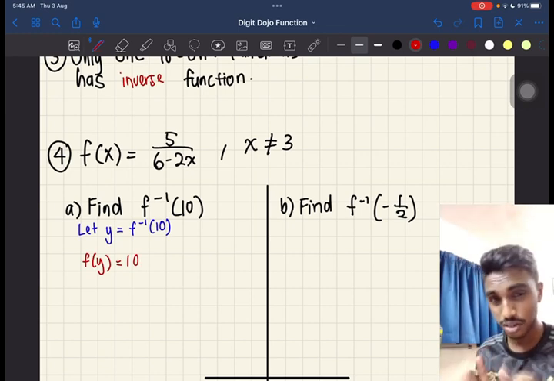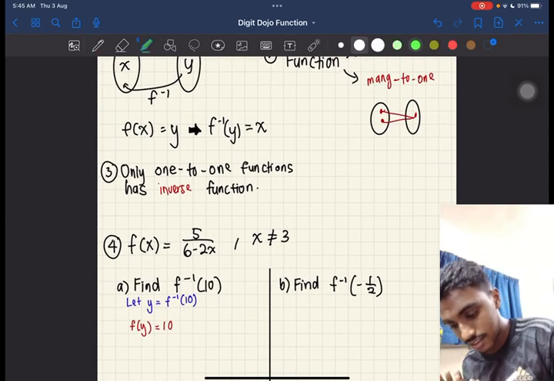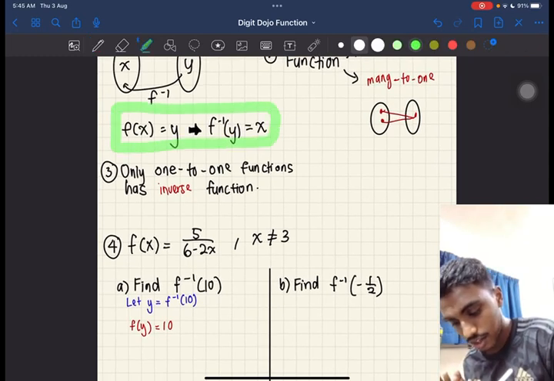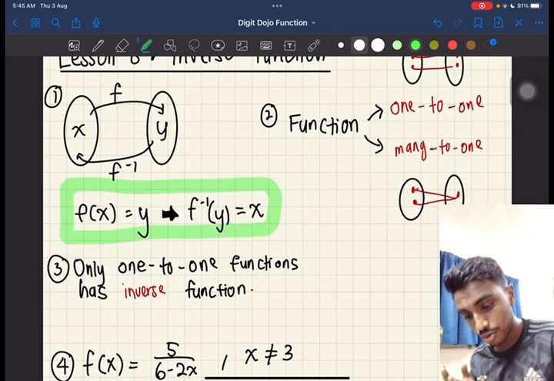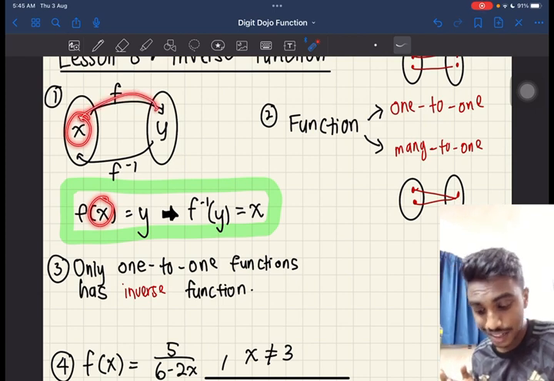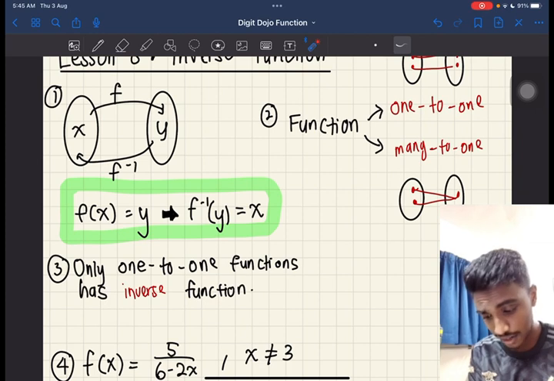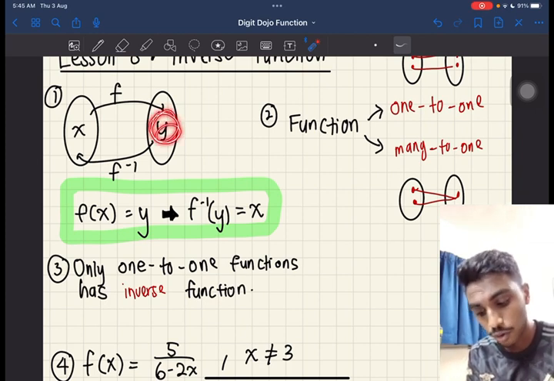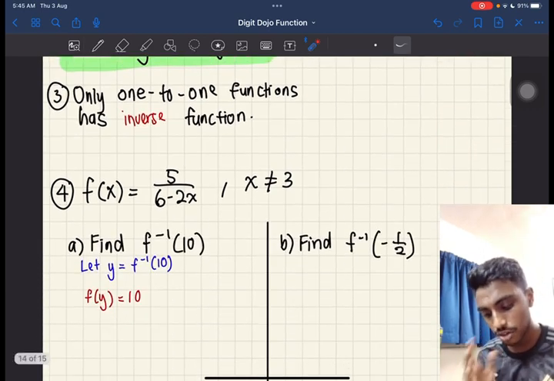That's the very important concept you have to understand. I'll repeat it again. When you are doing the function for x, you will be getting y, so f(x) equals y. But when you are doing the inverse function for y, you will get your x again. The same concept applies here.